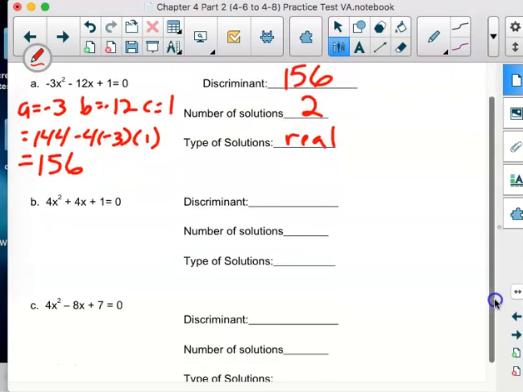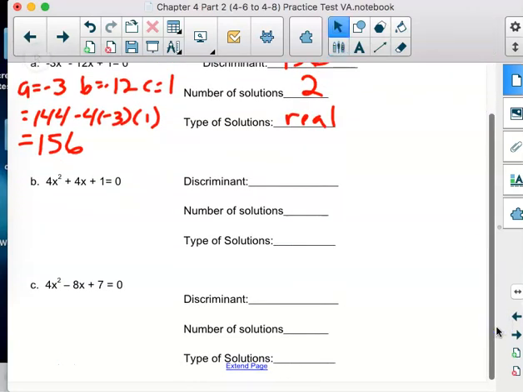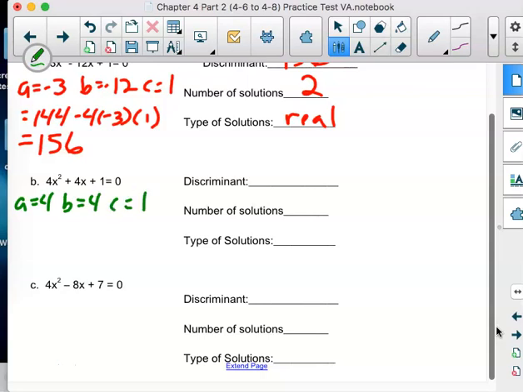Alrighty, is B good to go? Move anything over? Nope. So A is 4, B is 4, and C is 1. What's B squared? 16 minus 4 times 1.